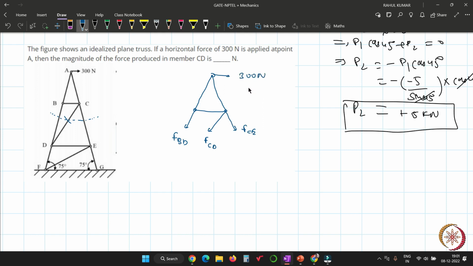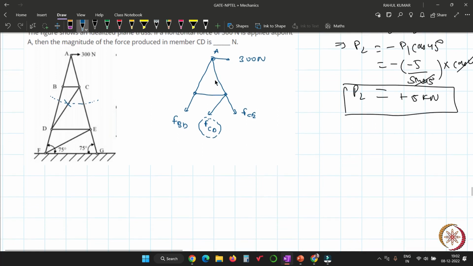Now you have to find the force in the member CD, which is here. Look very carefully. If you take the moment equilibrium about this point, then you will have one advantage: the forces FBD and FCE are actually passing through this point.